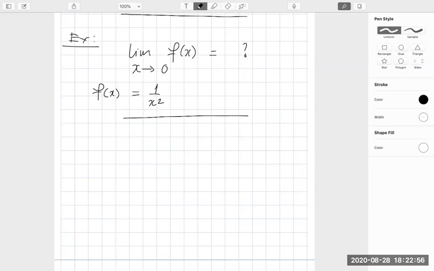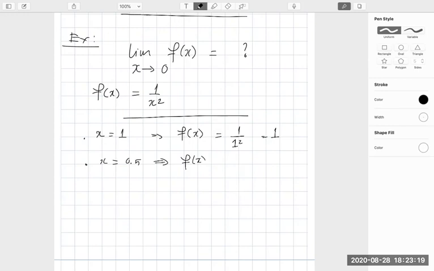By graphing it, we can put some values. When x is equal to 1, then what is f of x? It will be 1 over 1 squared, which is 1. How about x of 0.5?